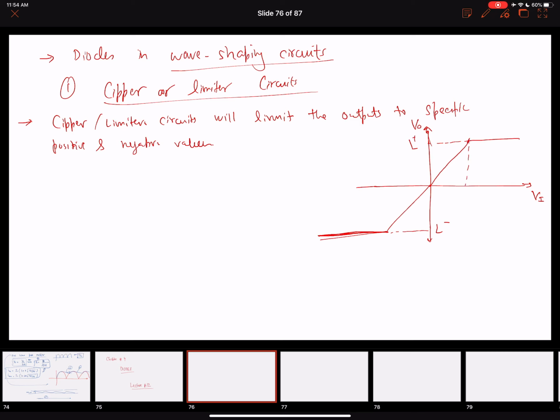Beyond this point, my positive output cannot be more than L positive, and my negative output cannot be less than L negative. This is what the clipper or limiter circuits will do.